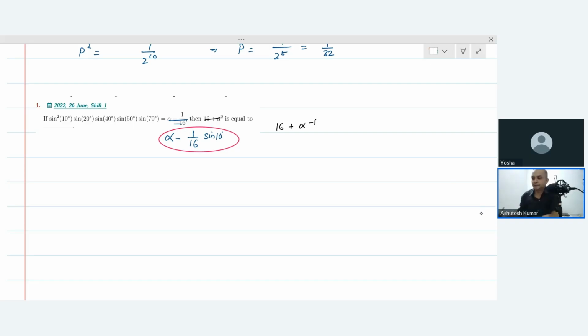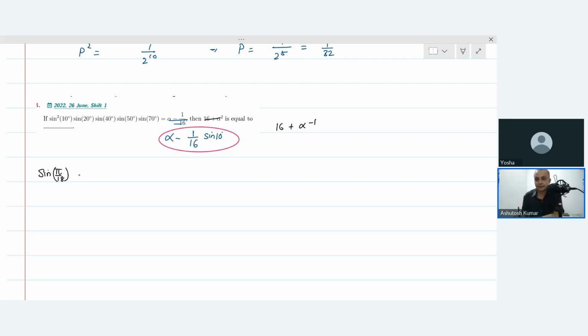So let's try. So there's sine square 10. So one sine 10, I can just remove it. And sine 10, because we have learned this theory in terms of pi only, I can write everything in terms of pi, and at the end I can change it to degrees. So I can write it as sine pi by 18, because 10 degrees is pi by 18, 180 by 18.